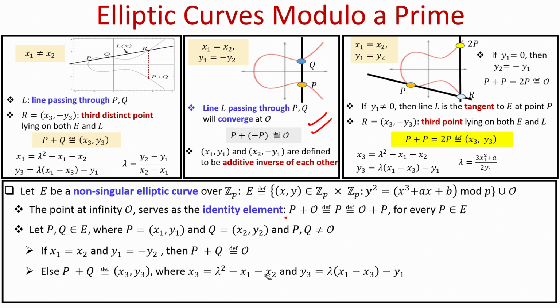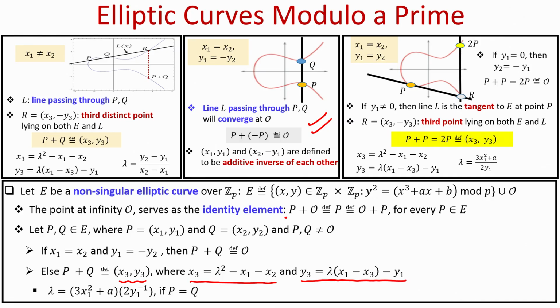Otherwise, if x1 is not equal to x2 or y1 is not equal to y2, then we define P plus Q to be x3 comma y3, where x3 and y3 are elements of Z_p, and where x3 will be lambda square minus x1 minus x2, of course everything modulo p, and y3 will be lambda times x1 minus x3 minus y1 modulo p.